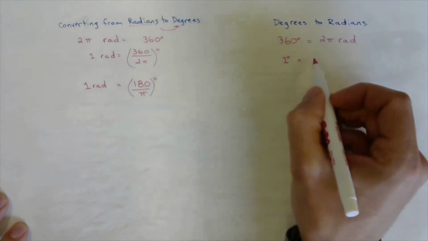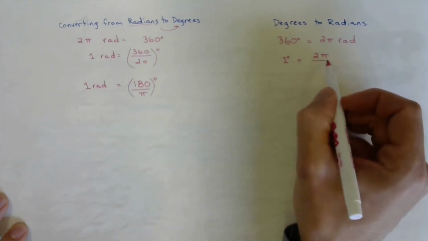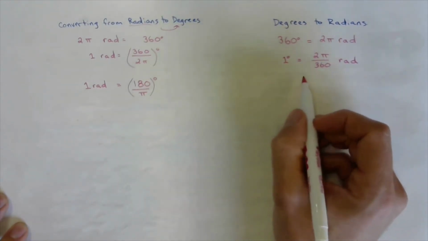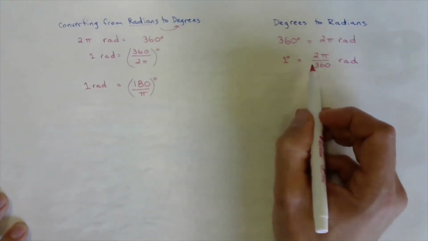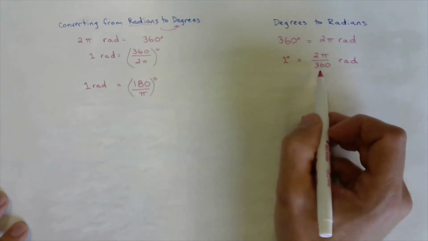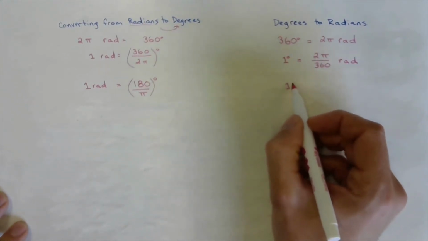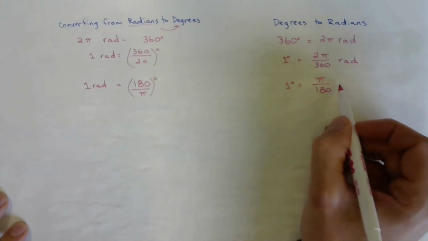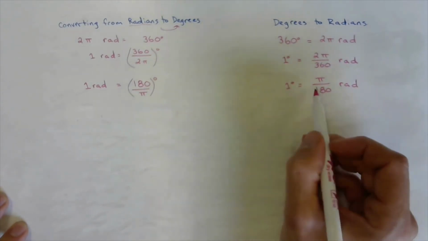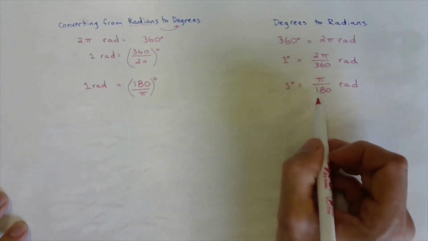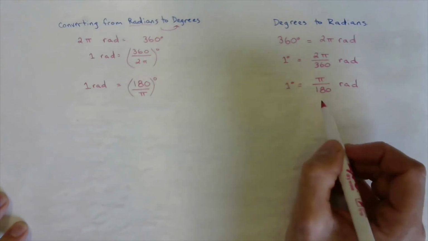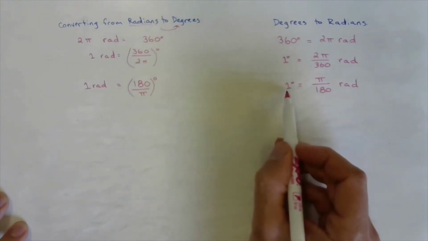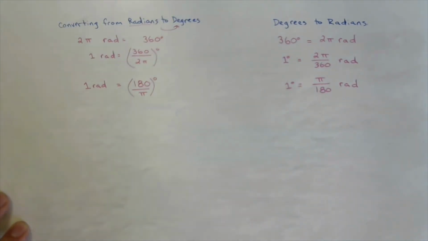So 1 degree equals 2 pi over 360 radians. 2 divided by 360, I can reduce that to 1 over 180, which just leaves us with pi over 180. You say, well, that's a tiny number to take pi, which is 3.14, and divide it by 180. Well, yeah, it's a tiny sliver of the circle because it's only 1 degree. It's 1/360th of the circle, okay?